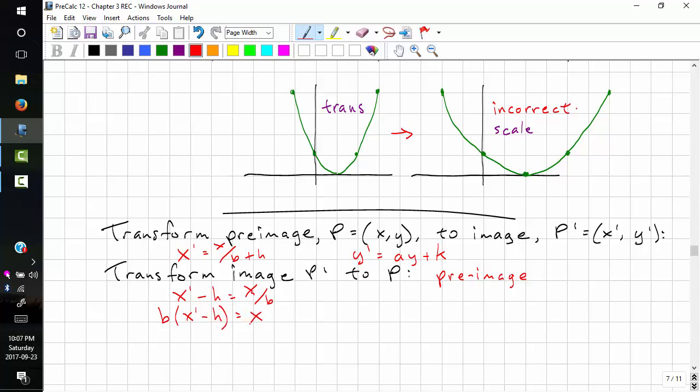And that's our formula for x. And we start off with y prime. We move the k over to the other side, minus k equals ay. Divide both sides by a. And we get our formula for calculating y.